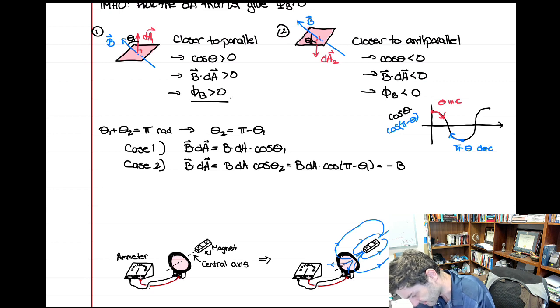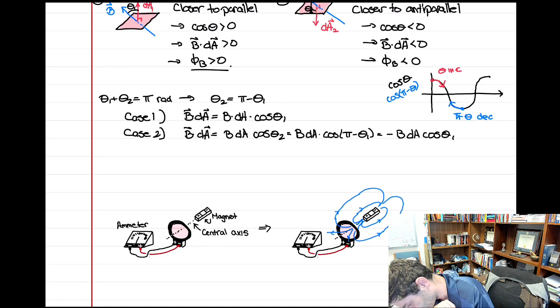This is simply dA cosine of theta 1, where the trig identity is that cosine of pi minus theta is equal to negative cosine of theta.